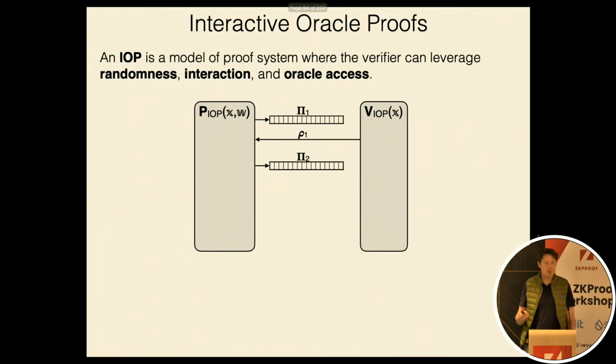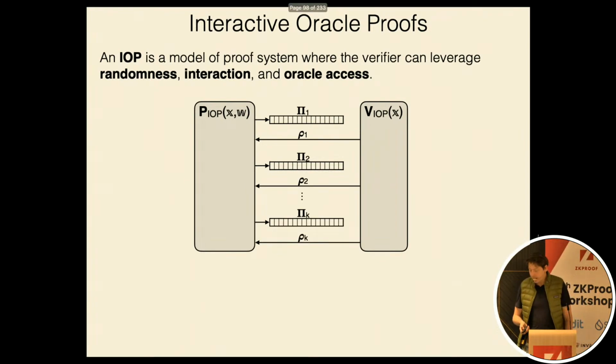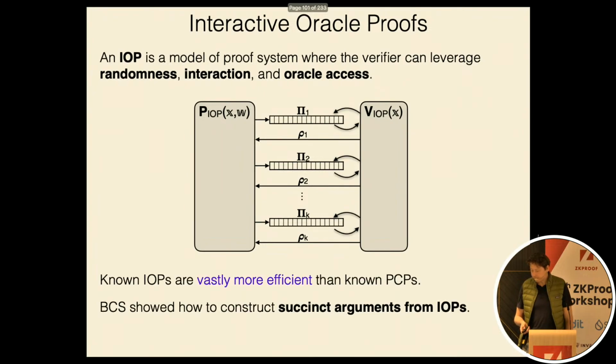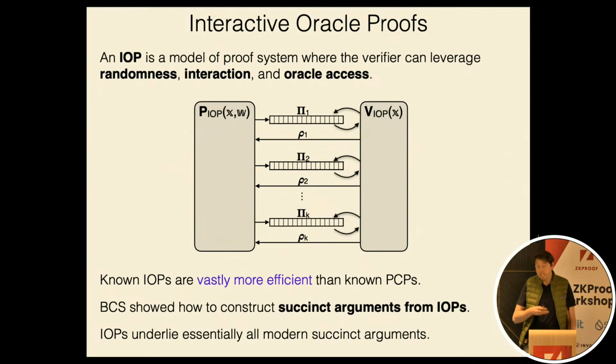But here's some randomness. Please send me another PCP. Here's that PCP system. And they are, by virtue of this, succinct arguments from IOPs. And IOPs today underlie essentially all modern succinct arguments.